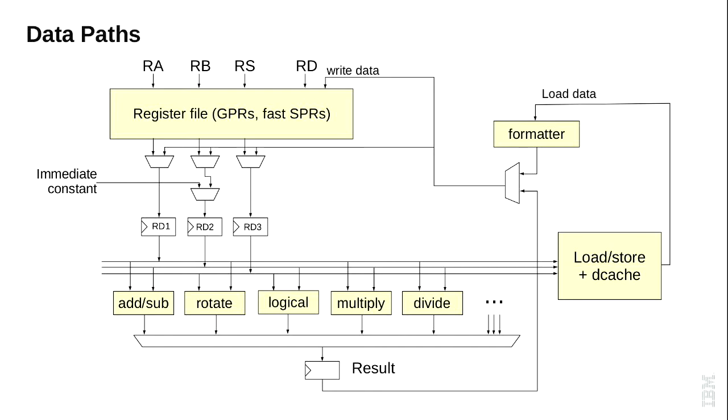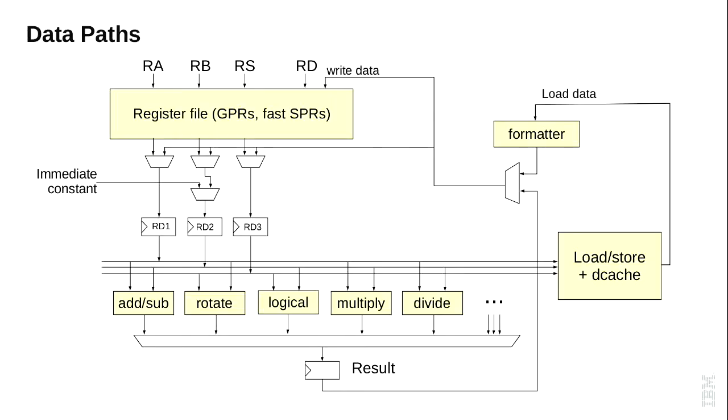So then we've got those 3 operands that go into the various execution units, if you like: the adder, subtractor, the rotator, the logical unit, the multiplier, the divider, and a bunch of other things. When you look in the VHDL, in execute 1, there's this big case statement that says if it's op add, then result is the output of the adder, and if it's op rotate, then result := output of the rotator.